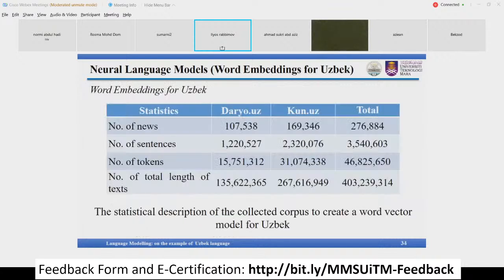We trained on approximately 47 million tokens.